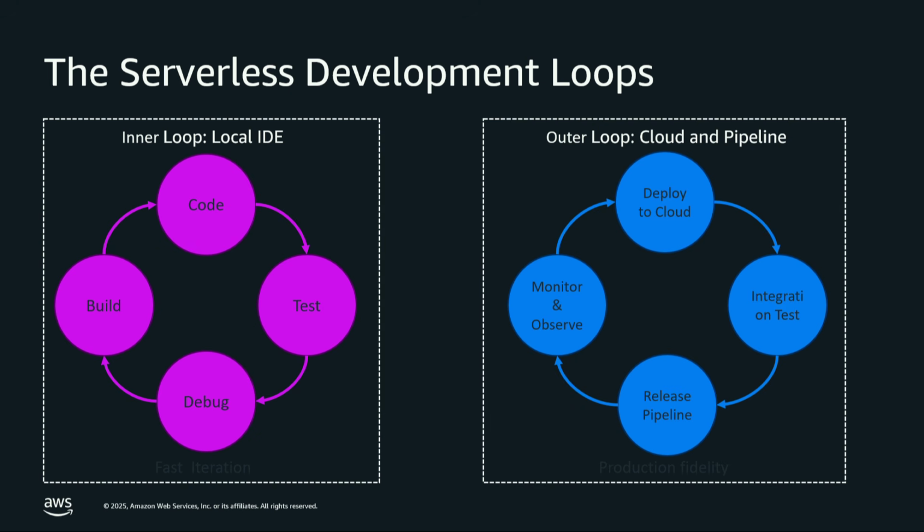On the other hand, the outer loop begins when you push code from your device to production or staging or an integration testing environment. It includes CI/CD pipelines, staging, deployment, testing, production monitoring, and so on. The cycles are less frequent, but much higher stakes. The outer loop involves team collaboration and coordination, and this is where "works on my machine" meets reality.